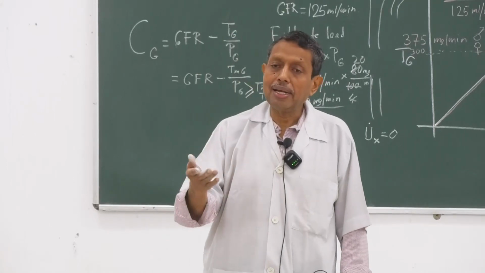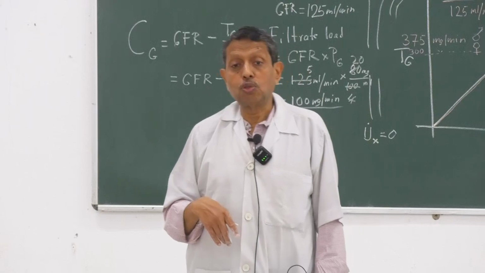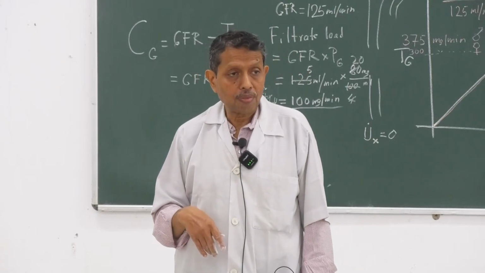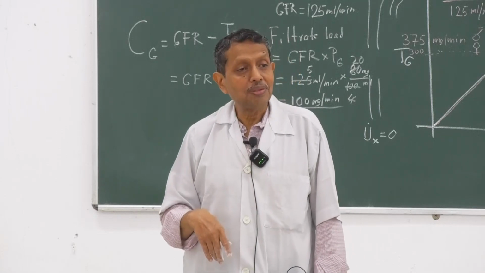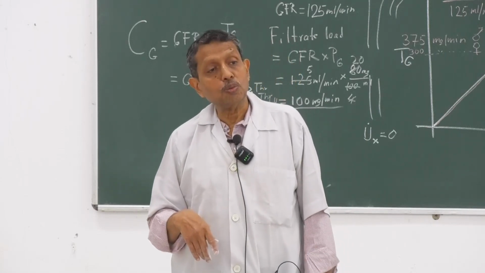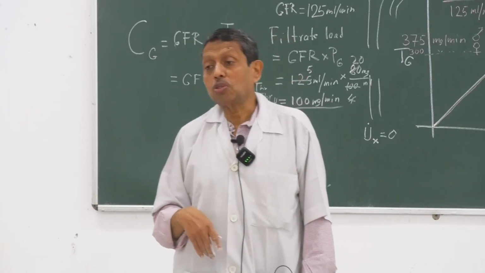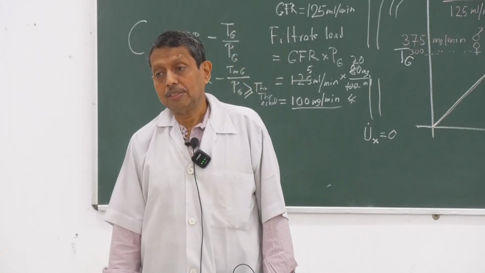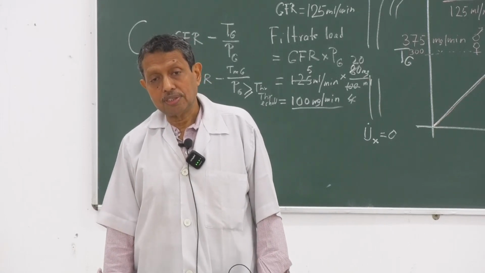At the basolateral membrane, there are GLUT2 type of channels. You are familiar with? And through this glucose goes out. Energy is consumed in the form of ATP breakdown with the help of sodium potassium ATPase, the ubiquitous pump that is present in almost all the cells.